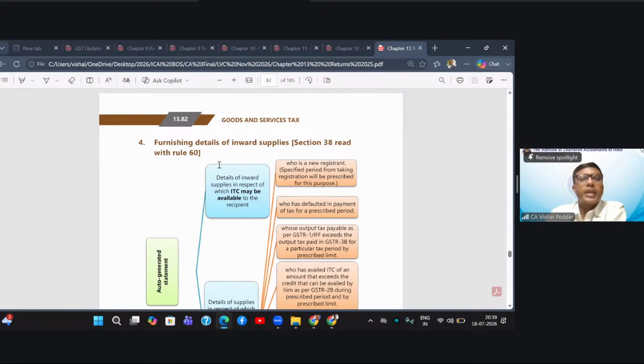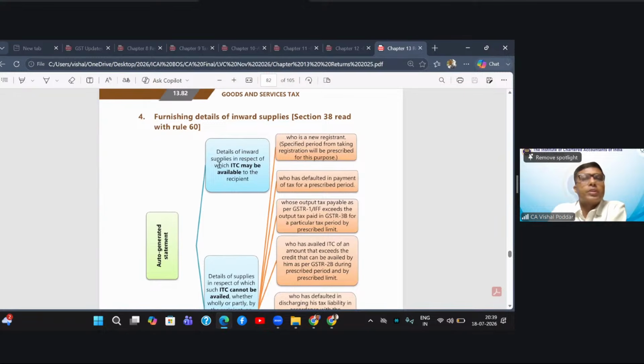Now coming to the second return, which is the return relating to your inward supplies. Now for inward supply, students, let me inform you, originally when the GST law was passed in the year 2017, there was a separate return called GSTR2, which you were supposed to file.